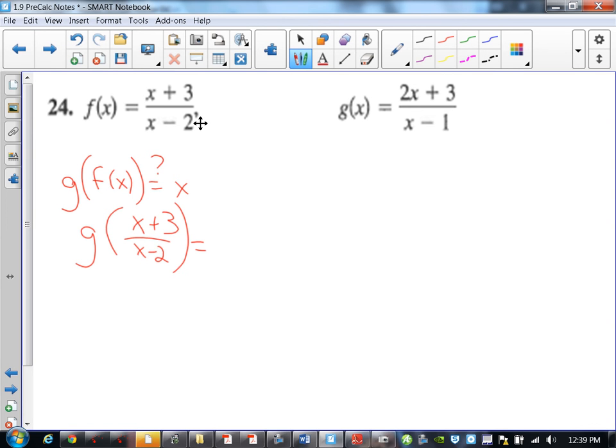Unless you do something wrong, like where I almost forgot to add the 2 together instead of multiplying it out the wrong way. If it doesn't equal x, you have to double check, because if they're telling you to verify that they are inverses, that means they probably should be inverses. You might have just mapped wrong.